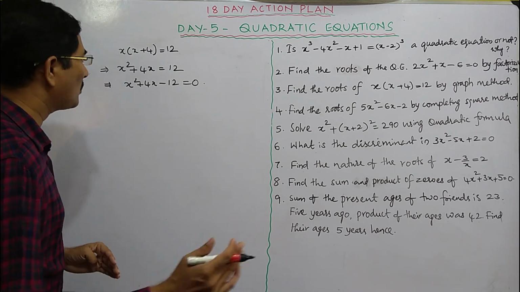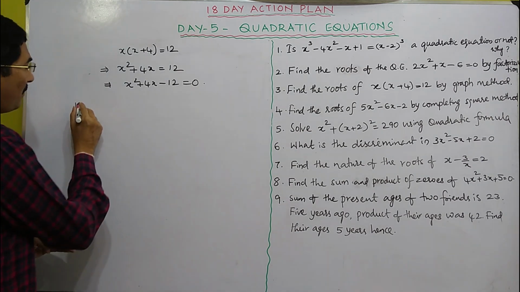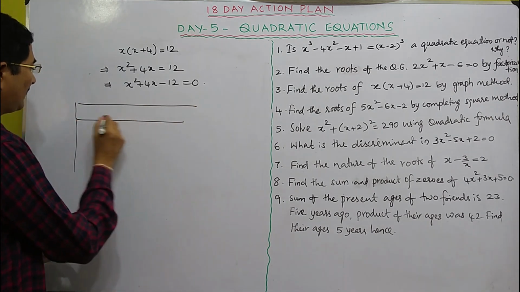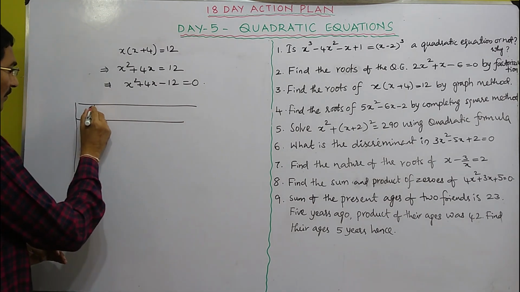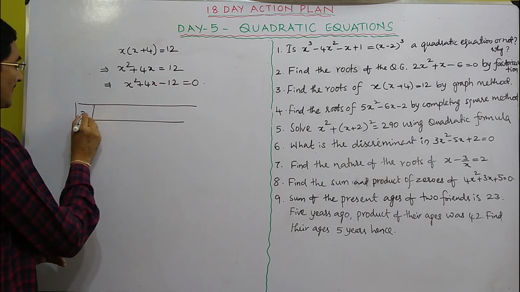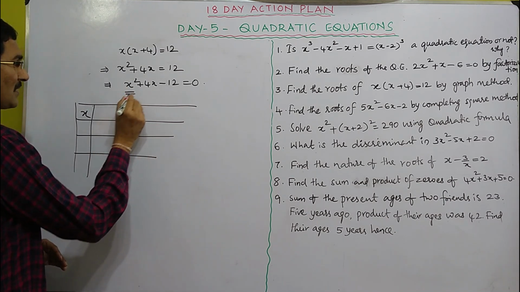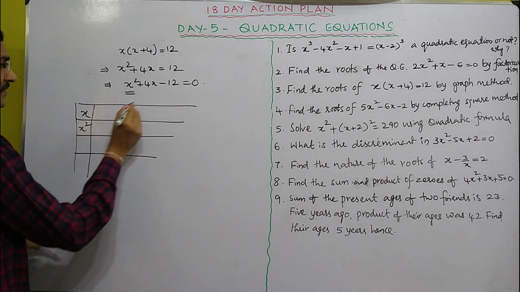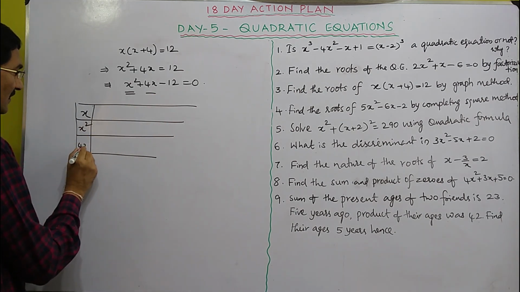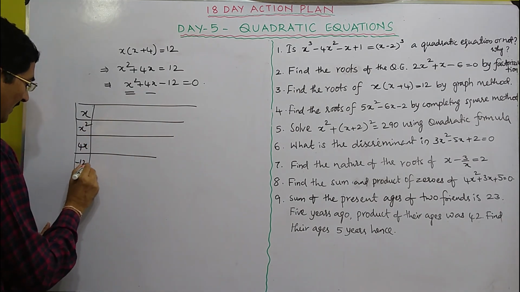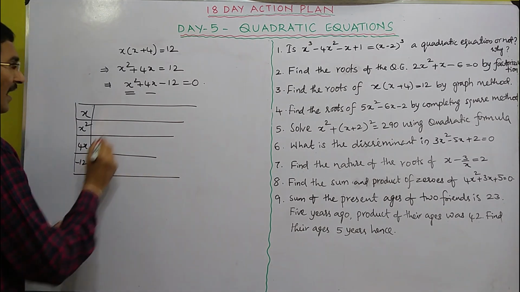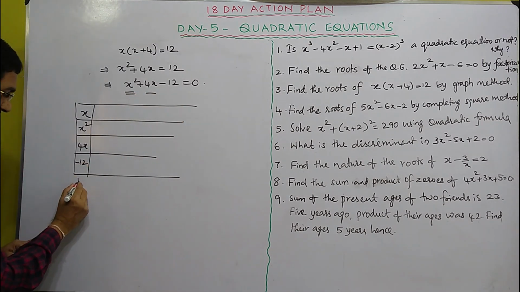As discussed, we will take a big table wherein in the first row we will have x, and in the second, third, and so on, we will take each term by term. So x square, next 4x, next minus 12, like this. You will go on taking, and once all the terms are finished, you will finally take up y.